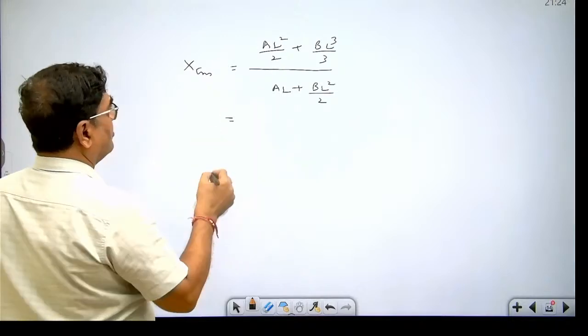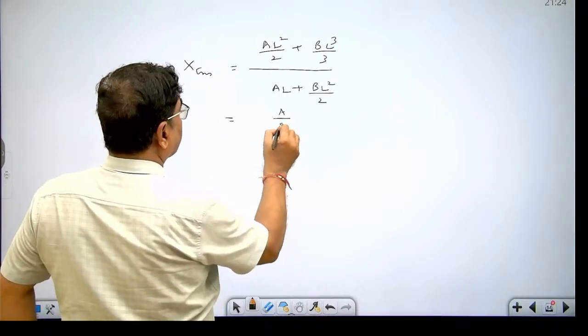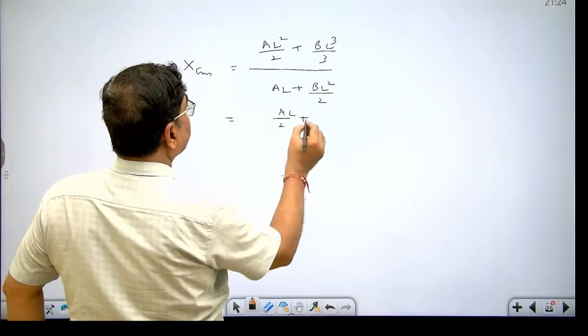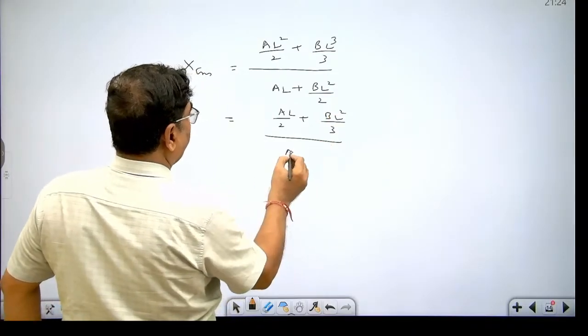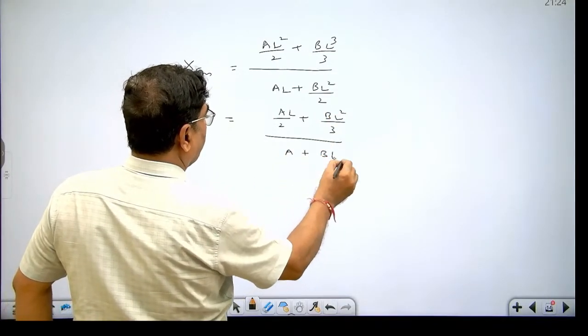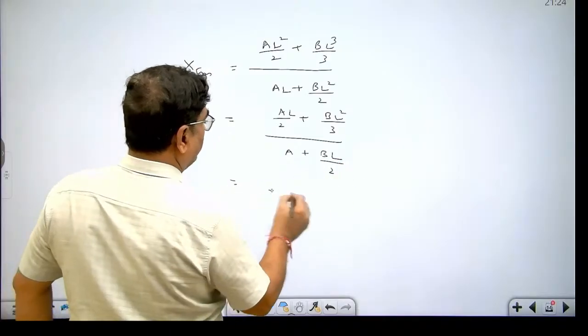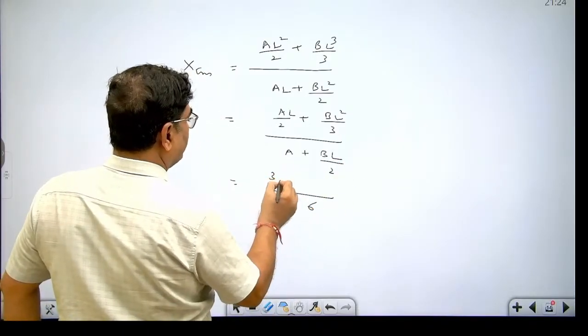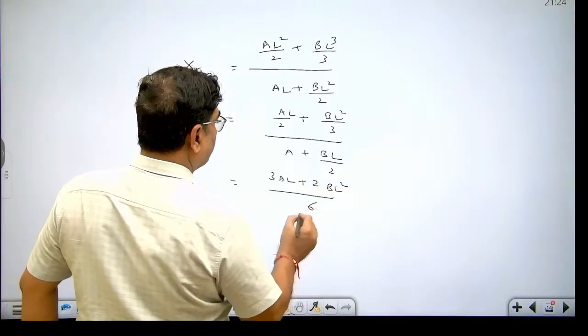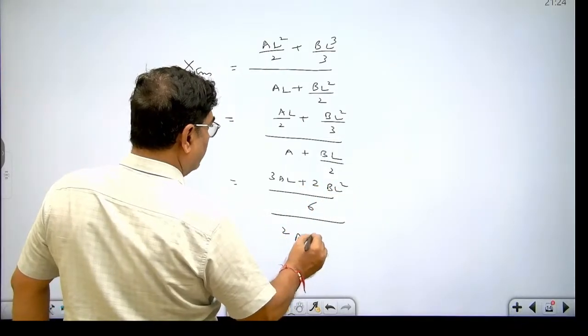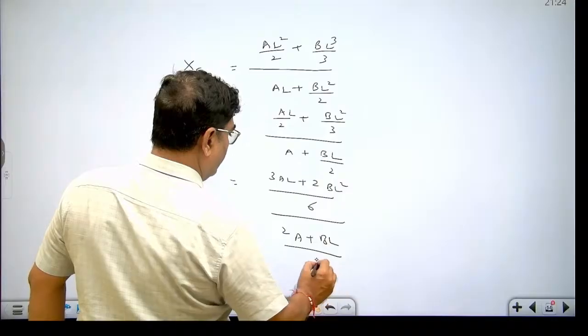Now take L as common. This is a by 2 plus b L square upon 3, divided by a plus b L upon 2. Now take 6 as LCM. This is 3aL plus 2bL square, divided by 2a plus bL upon 2.